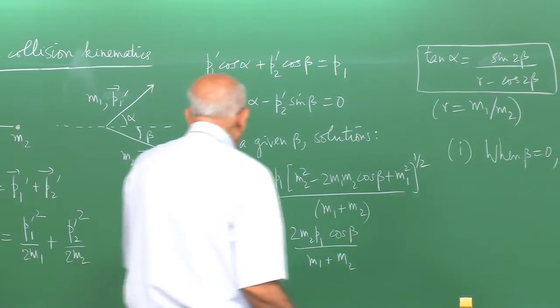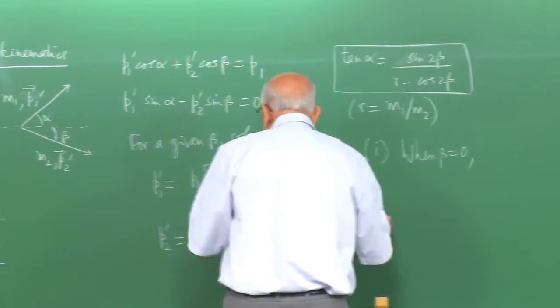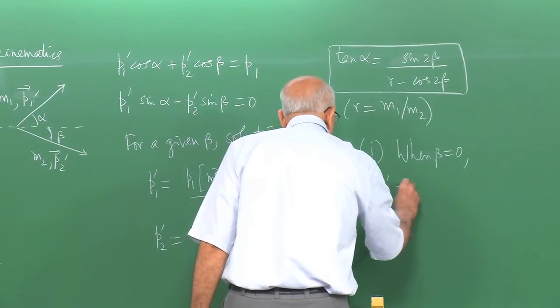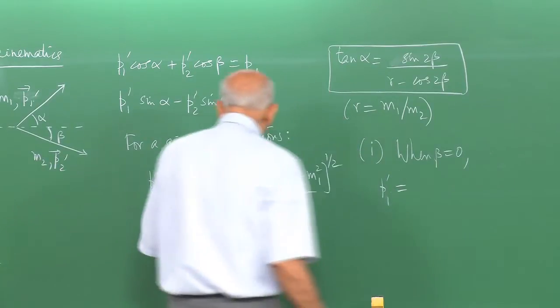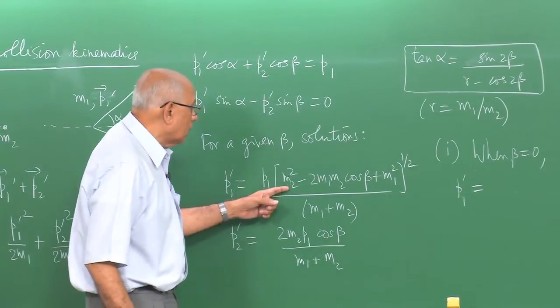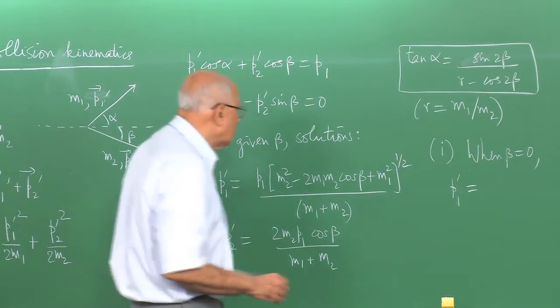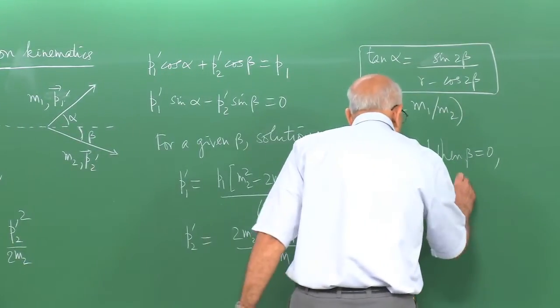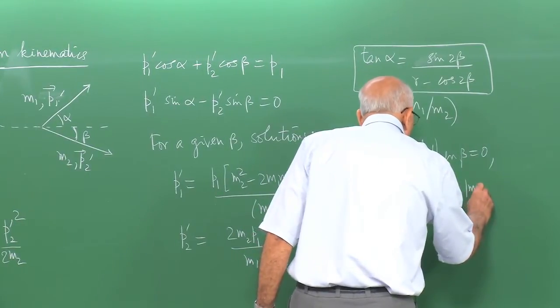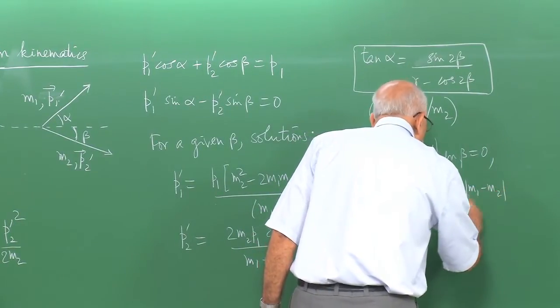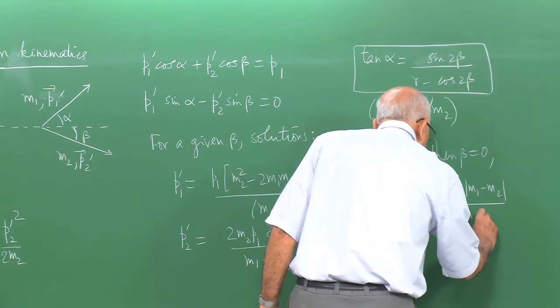So it is clear immediately from this that p1 prime, for example, is equal to, if you took the magnitude here, the square root of m2 minus m1 squared, so it becomes a modulus. This is a magnitude, so this is p1 times the modulus of m1 minus m2 divided by m1 plus m2.